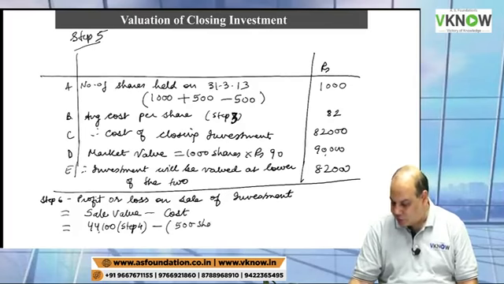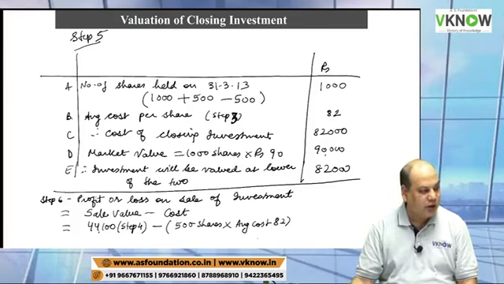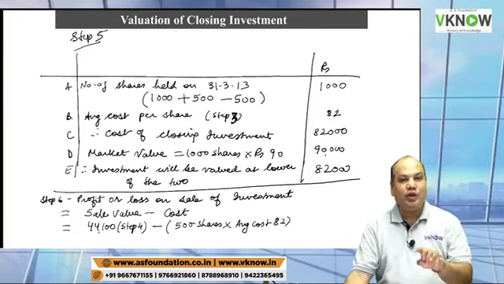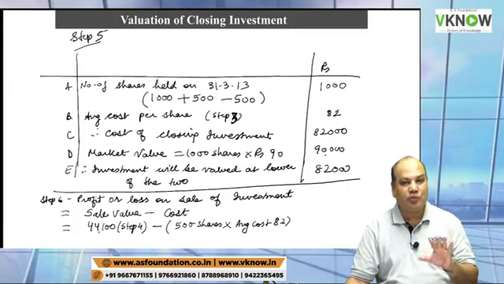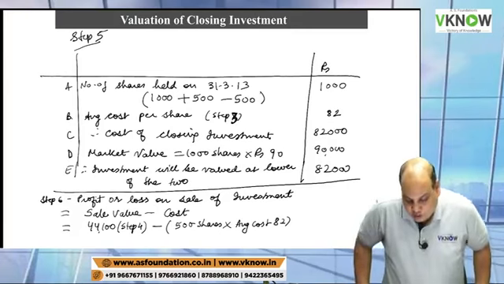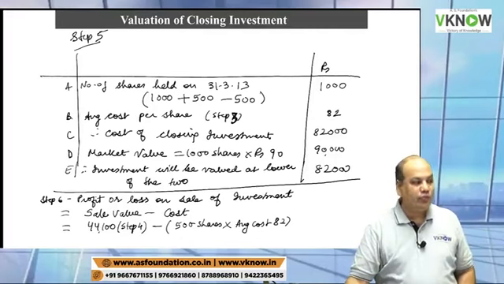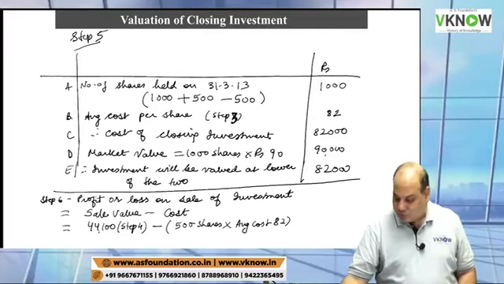500 shares into average cost 82. We will take average cost. To confuse you, they have written he has sold bonus shares. Bonus shares sold means 500 shares sold. But for costing purposes, we will take average cost.